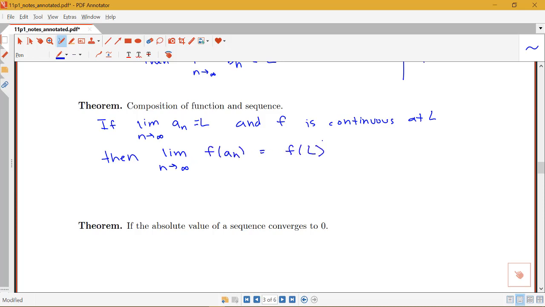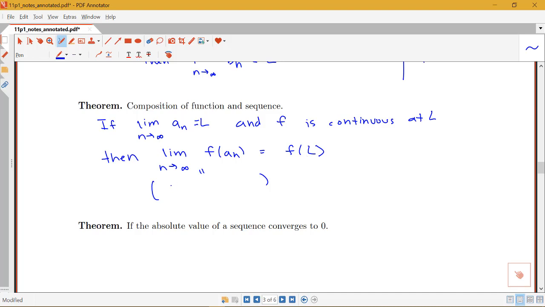Okay, so we had a similar result when we were dealing with compositions of functions where an was maybe some g of x. This is saying that if your function is continuous at what the limit as n goes to infinity of an is, if f is defined at the limit as n goes to infinity of an, then you can pull that limit inside and look at the limit going to f composed with that value.